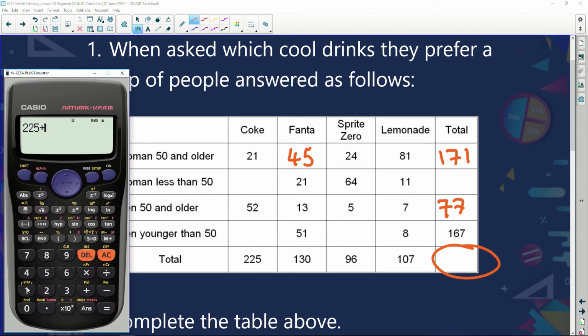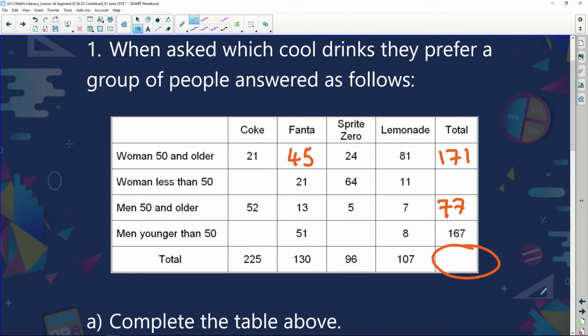To that I'm adding 130. 96 people in total loved Sprite Zero, and 107 in total loved lemonade, which gives me 558. So how many people did we interview in total? We interviewed 558 people in total.